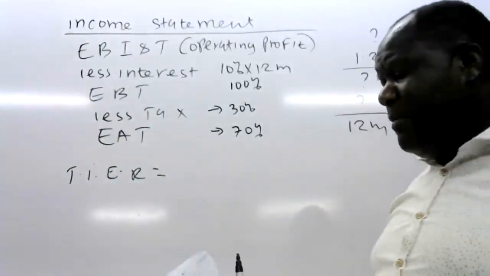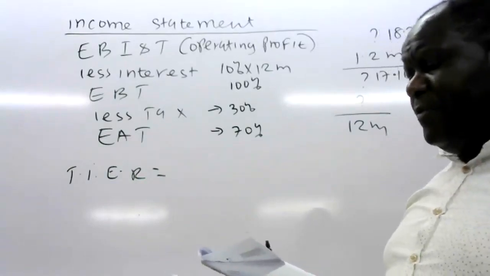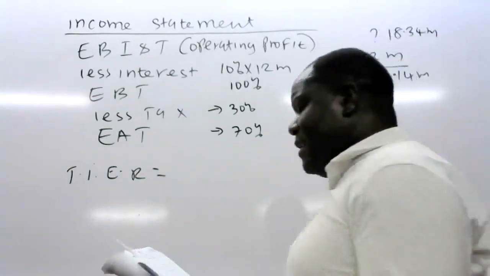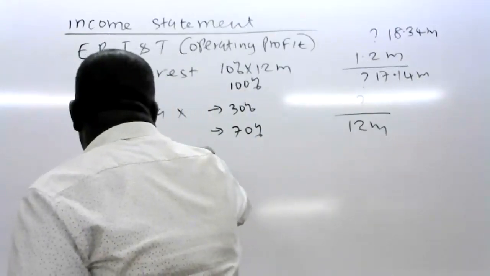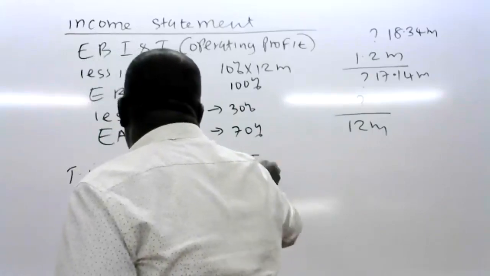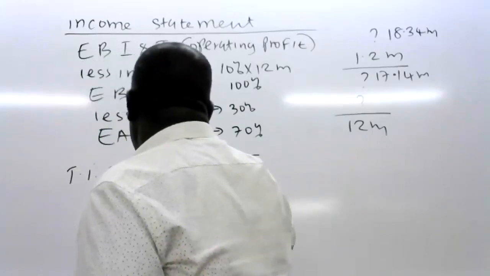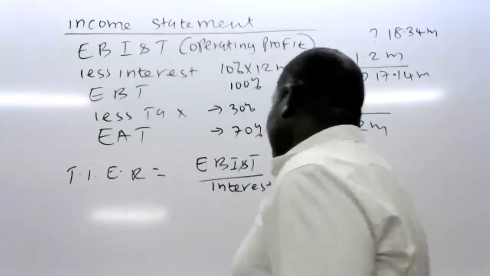The formula, among the gearing ratios, is given by earnings before interest and tax, then you divide by the interest expenses.